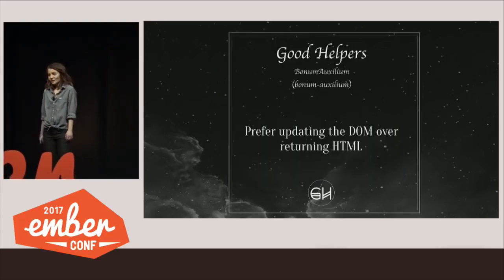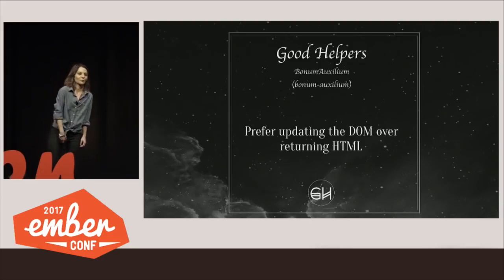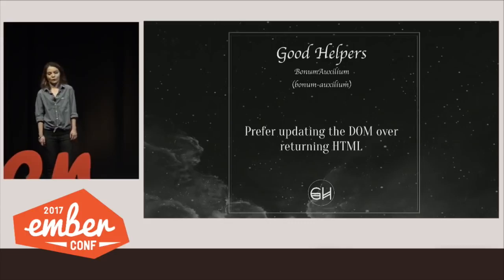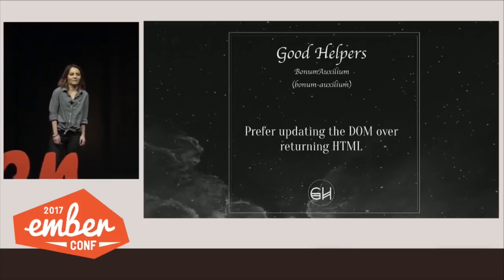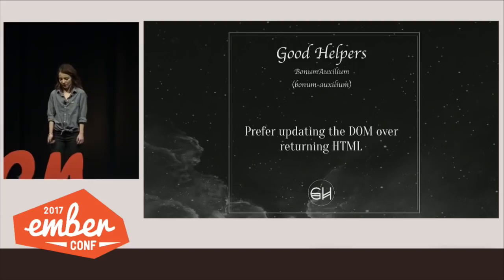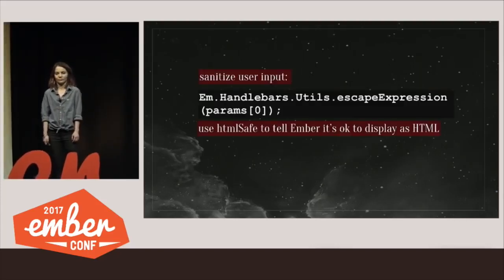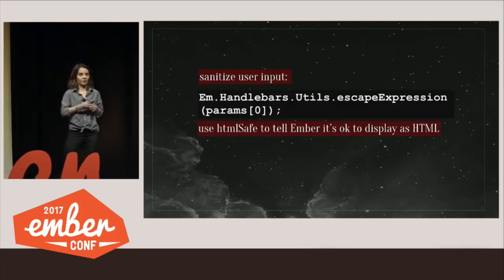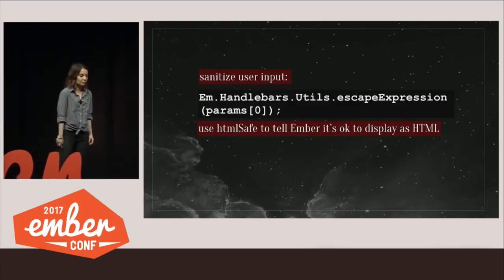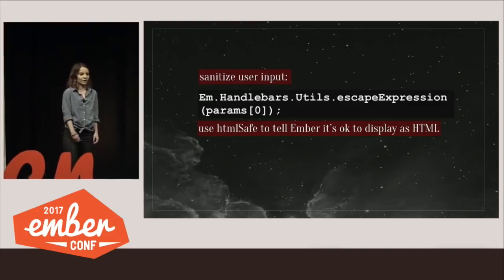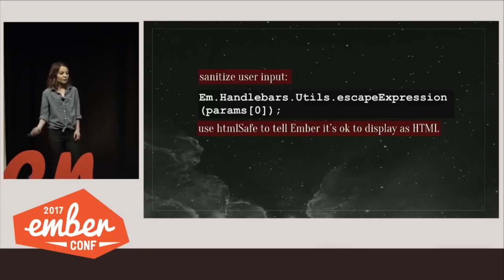Cool. Something that's also very important is writing good helpers. If you remember my very cute cat image that returns HTML, ideally you should prefer updating the DOM over having HTML in helpers. Let's say you want to write a helper that returns a user email, or allows you to send an email. Previously, you'd have to sanitize the user input to make sure there's nothing crazy going on, and then you'd have to use HTML safe to tell Ember, hey, this is actual HTML, I vouch for this, and you shouldn't touch it.